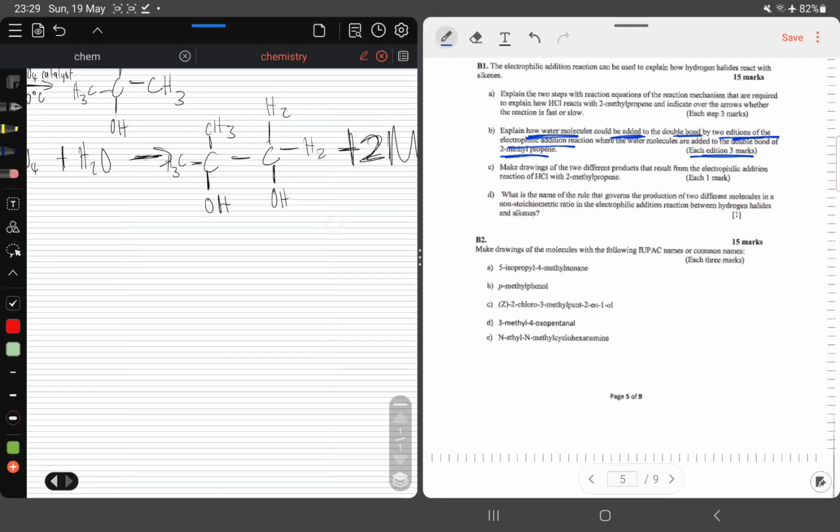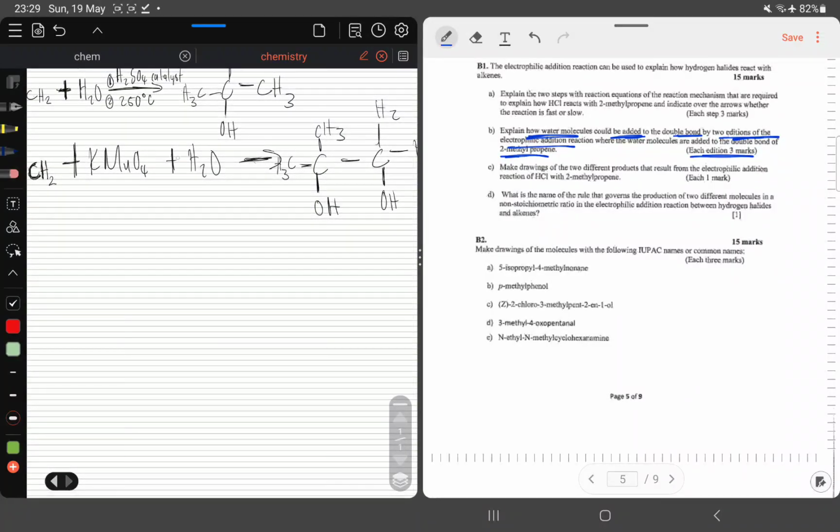Okay, now what happens is when you come here, you'd need 4 moles of water, like this. Okay, so this is going to be your nice H2O, 4 of them.